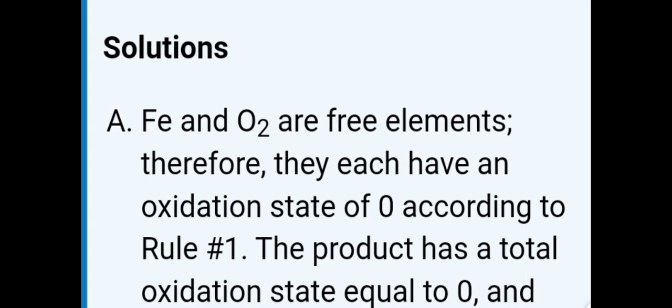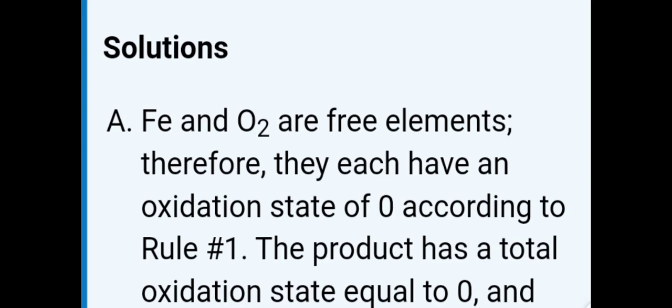This is the explanation I have told you. Number 1, for this equation, Fe and O2 are free elements, therefore they each have an oxidation state of 0 according to rule 1.